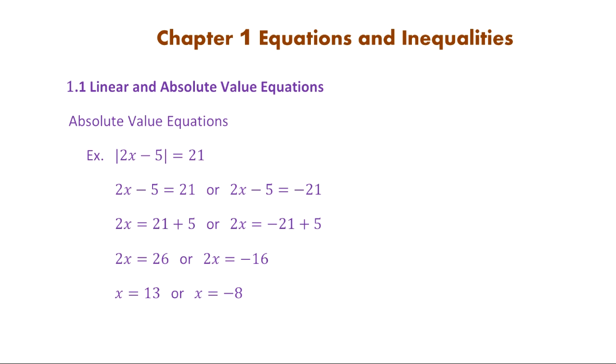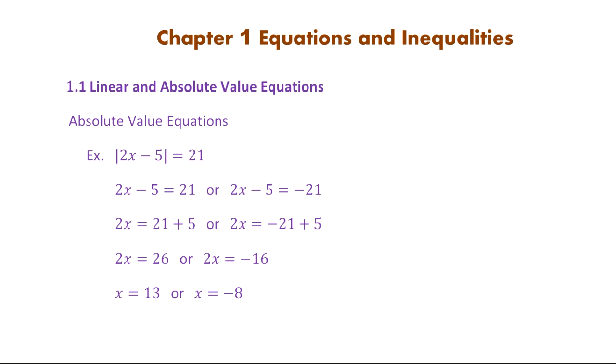So 2x minus 5 can be either 21 or negative 21. When you take the absolute value of those two numbers, 21 and negative 21, you obviously get 21. So there are two cases in here. That means this absolute value equation actually gives you two equations, and you just solve each equation separately.